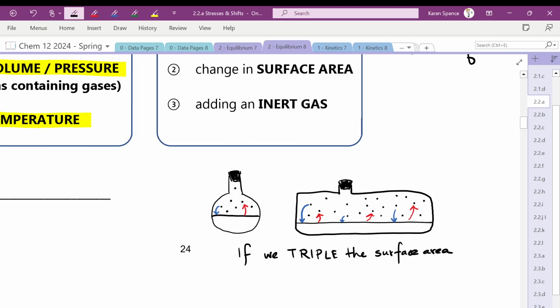So if we triple the surface area, we triple the forward rate. But we also triple the reverse rate.